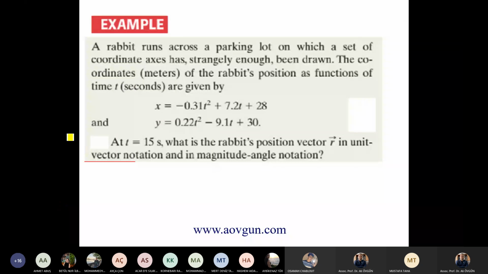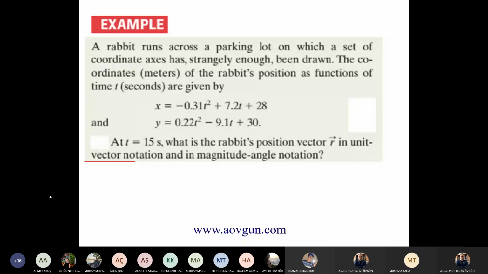So at t equals 15 seconds, what is the rabbit's position vector r in unit vector notation and in magnitude angle notation? So magnitude angle notation means you are going to find magnitude and direction angle. And vector notation means you must write them in I hat, J hat, K hat.